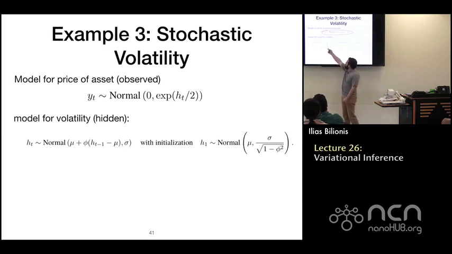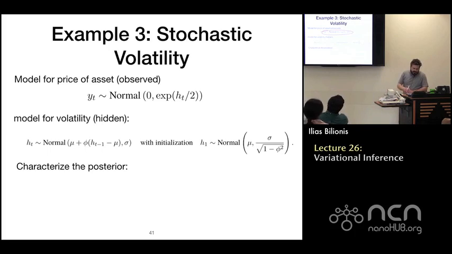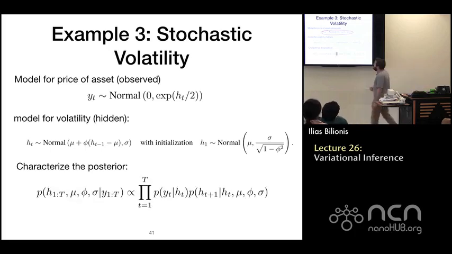So this is an autoregressive model with some initial conditions. These are classic assumptions that you would use in Kalman filters. And you want to characterize the posterior of all the hidden states H and mu and phi. So you want to infer the hidden volatilities and the parameters of the model.